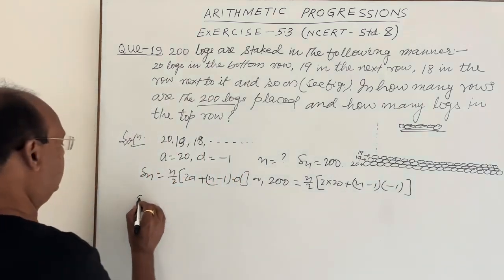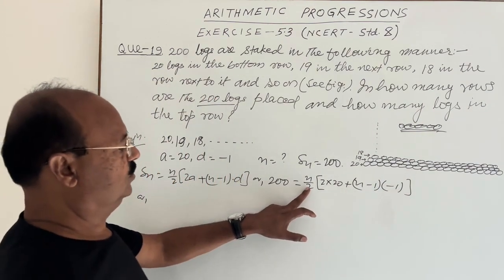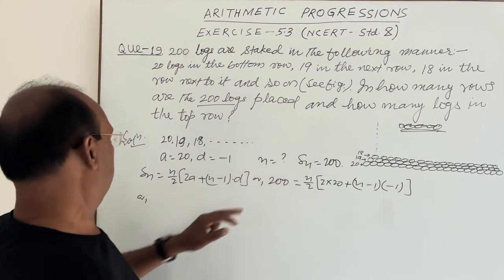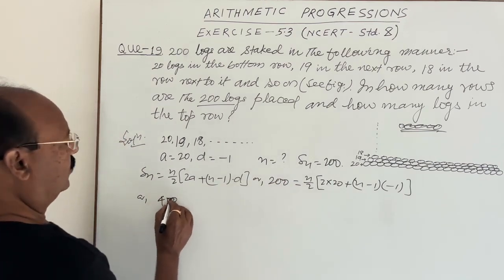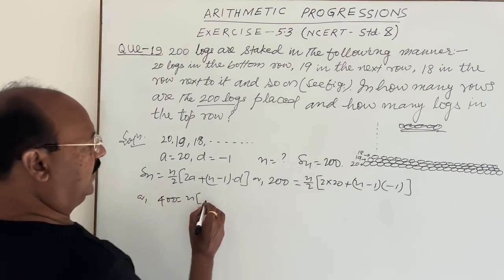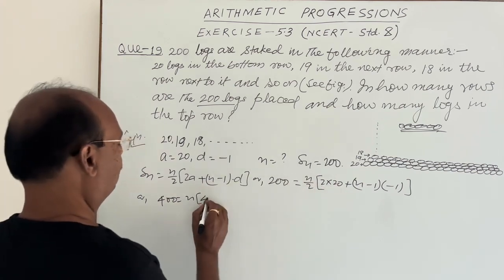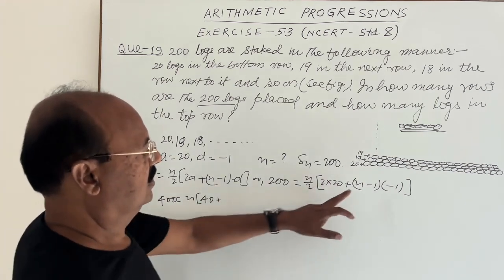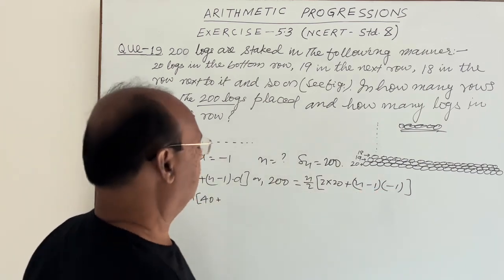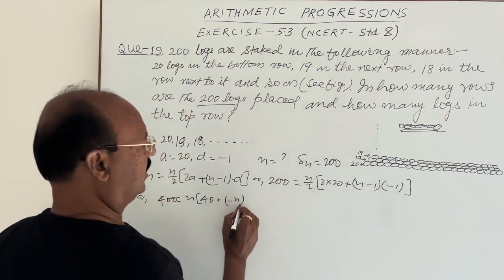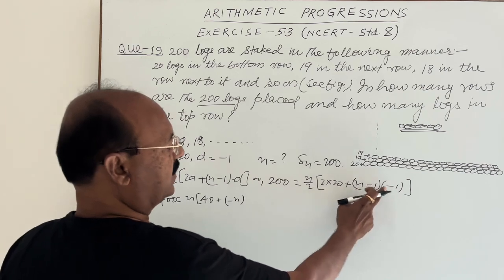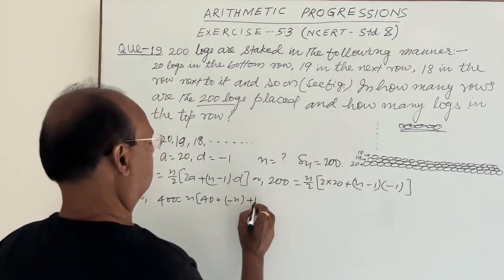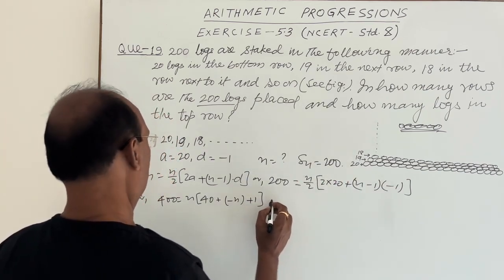Let us simplify it. By cross multiplication, 400 is equal to n into (2 into 20, that is 40, plus n into -1, that is minus n, and -1 into -1 is +1). Correct?